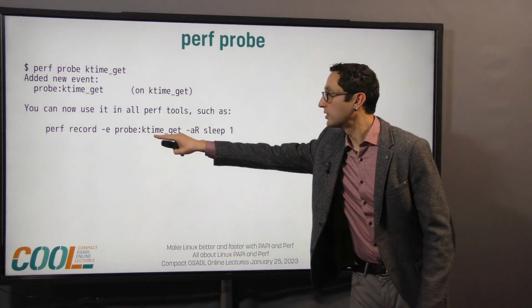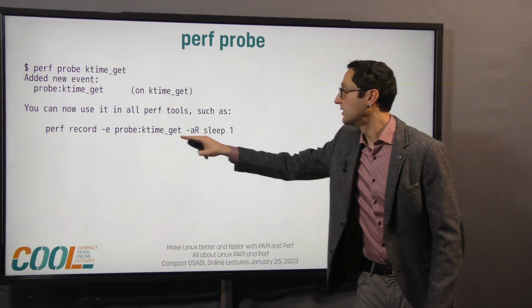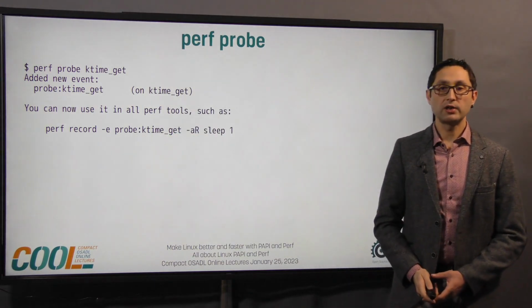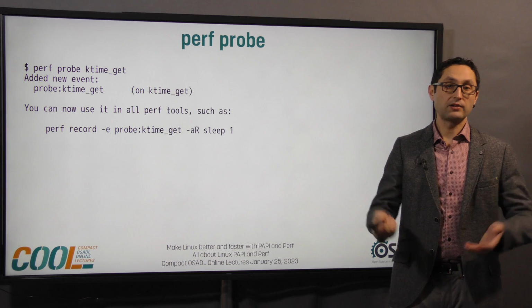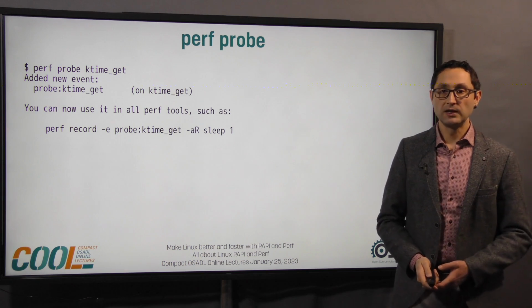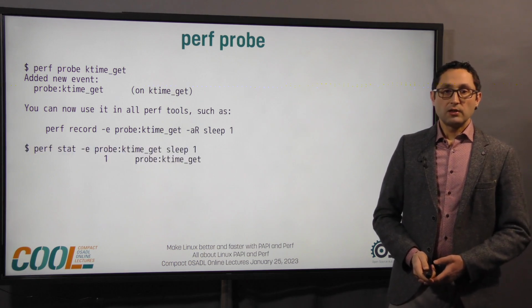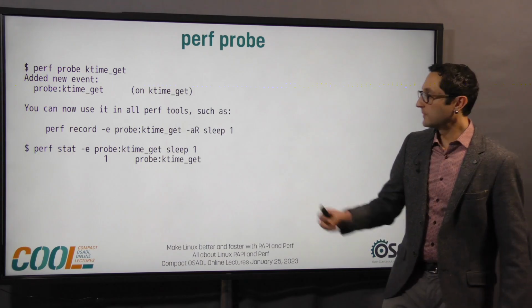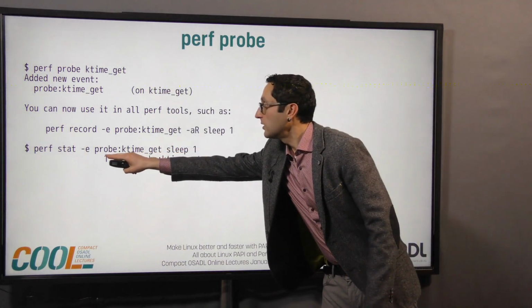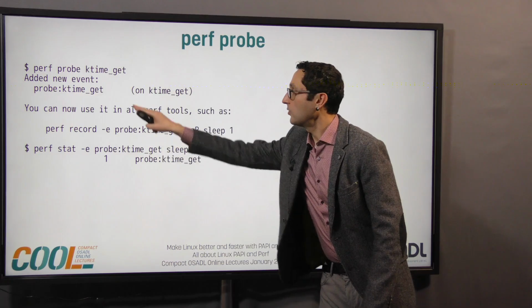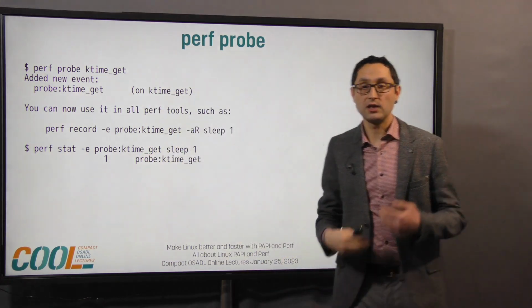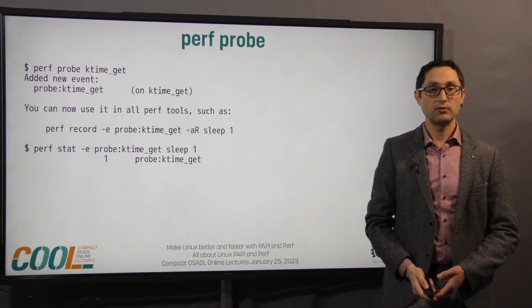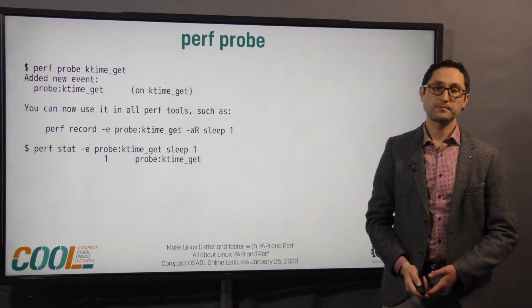Perf even prints out an example command showing how we can now look into this custom trace point we just added to the kernel. Using the perf stat command, we just use the -e parameter and provide our custom event that we just dynamically injected into the kernel, and we can start counting it.